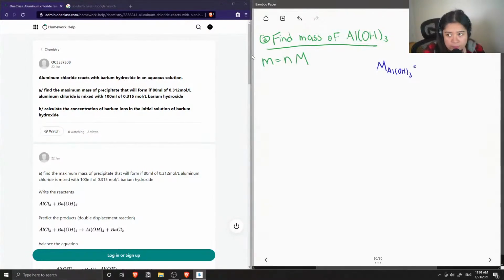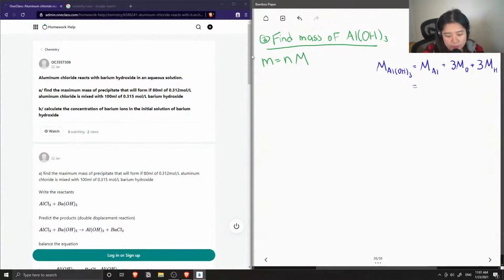So the molar mass of aluminum hydroxide is equal to the molar mass of aluminum plus 3 times the molar mass of oxygen plus 3 times the molar mass of hydrogen.